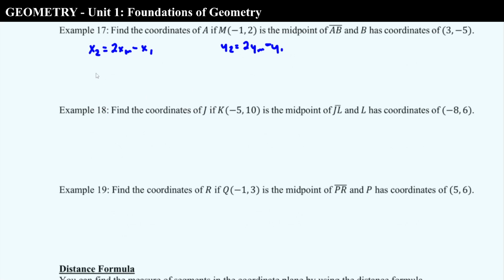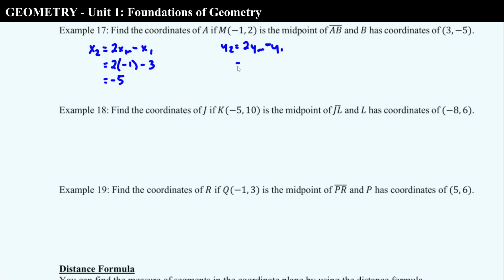So let's start with the x-coordinate. So we have 2. Our x from our midpoint is -1. And the x from our other endpoint is 3. So that gives us -2 minus 3, which is -5.